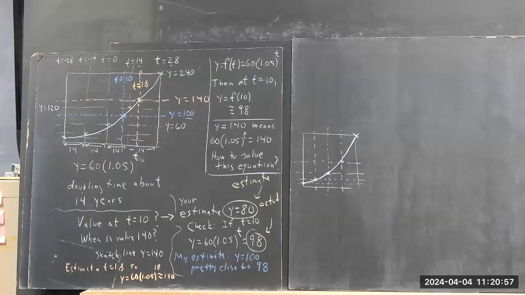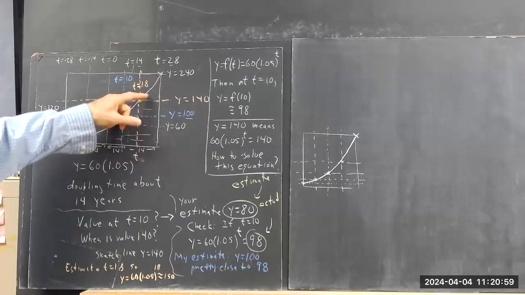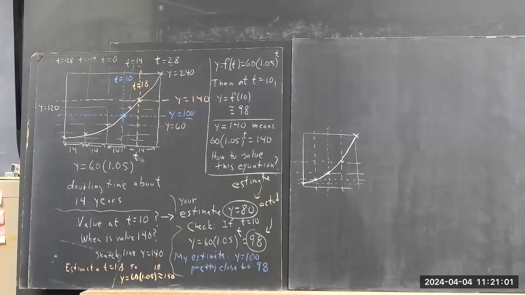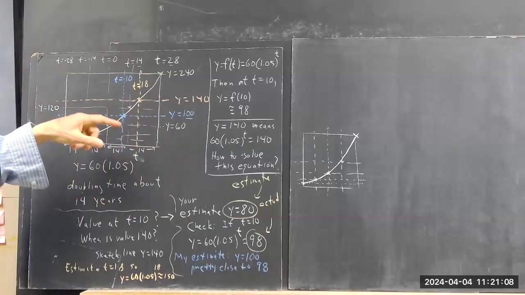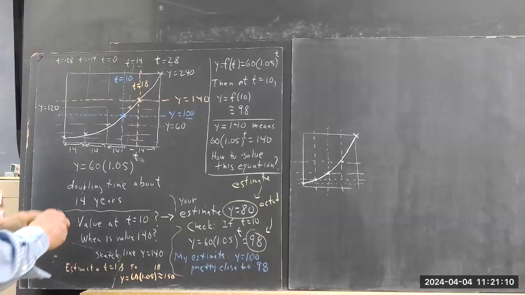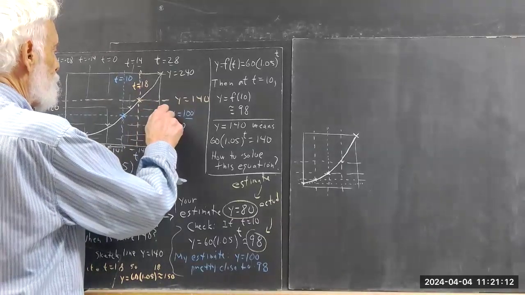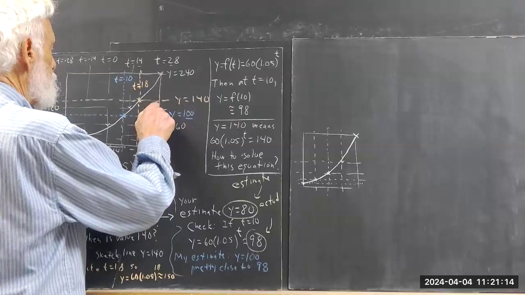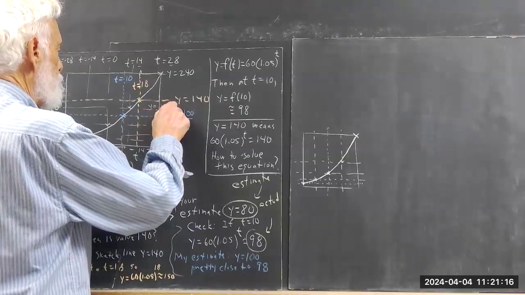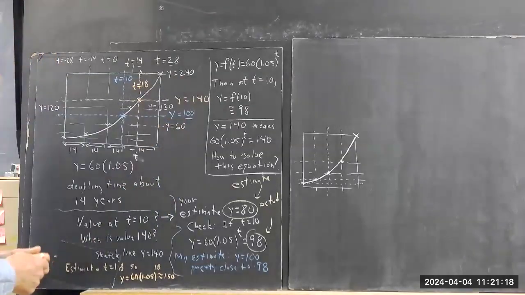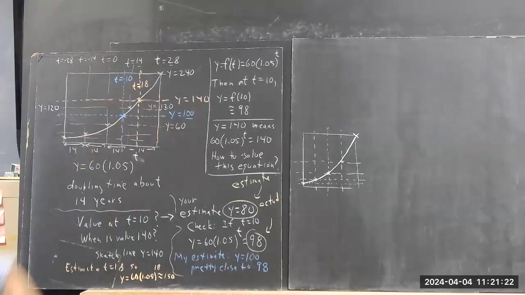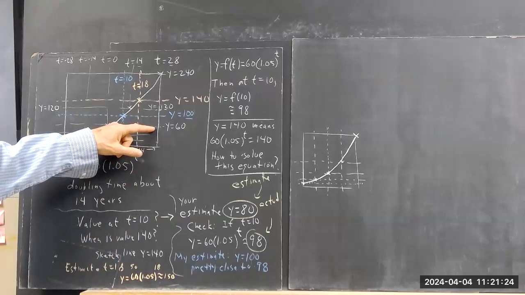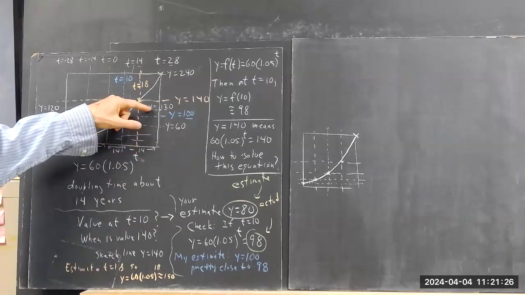The horizontal line is between 60 and 140. Okay? Sorry, it's between 60 and 120. I didn't want to get things too crowded over here, so I labeled 120 over here, but I guess we kind of need to see it. We have 60s here, 120s here.